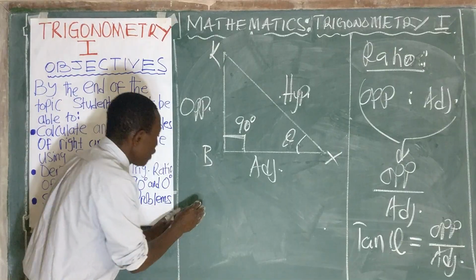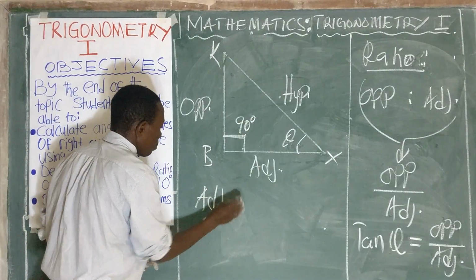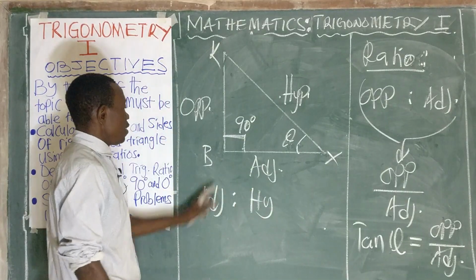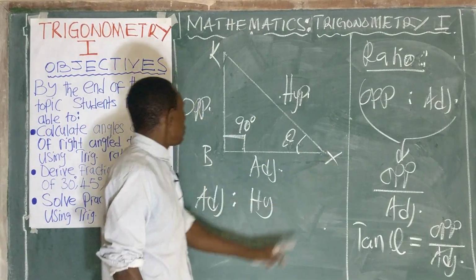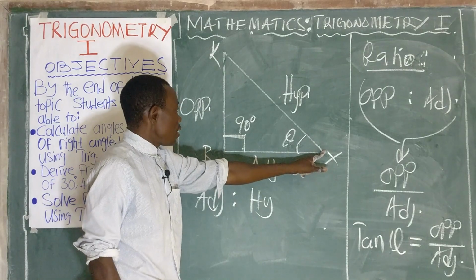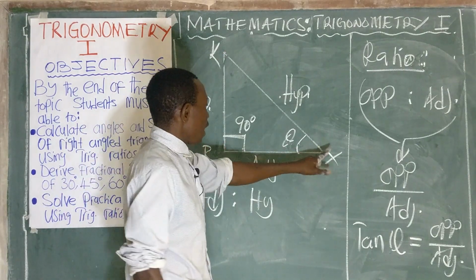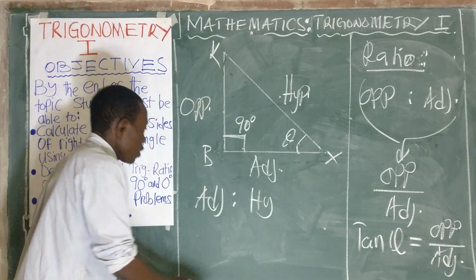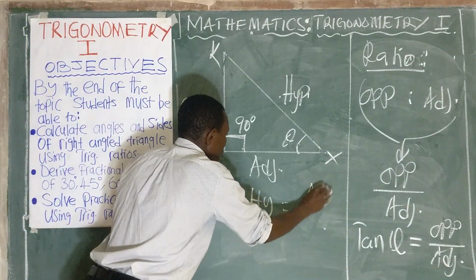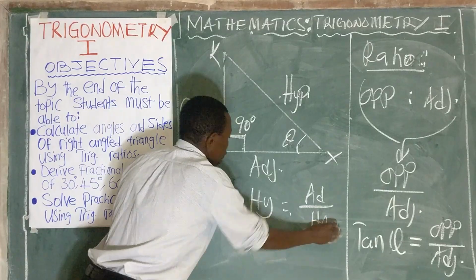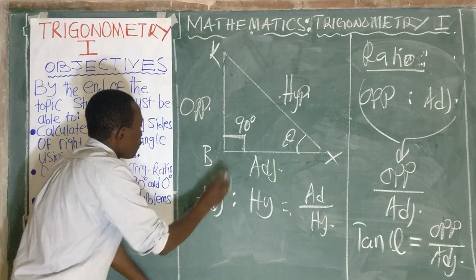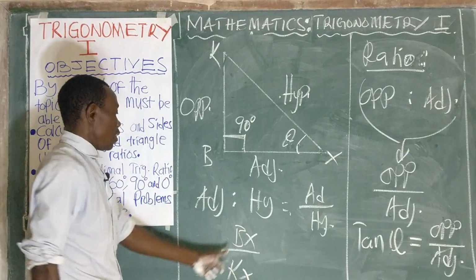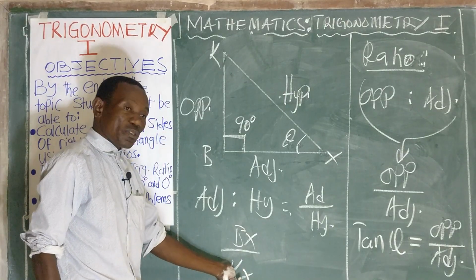A ratio of the adjacent side to the hypotenuse side, that is talk of the BX to KX, adjacent to hypotenuse side in that case, which can also be written as the adjacent to hypotenuse side, considering it as talk of the BX to what? KX. This is adjacent side, this is opposite side.